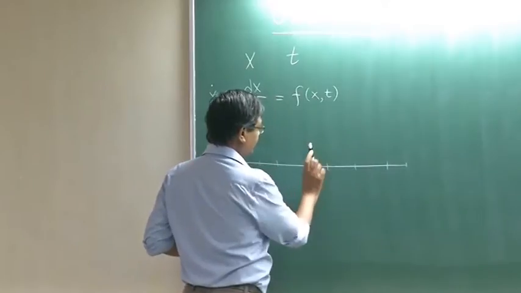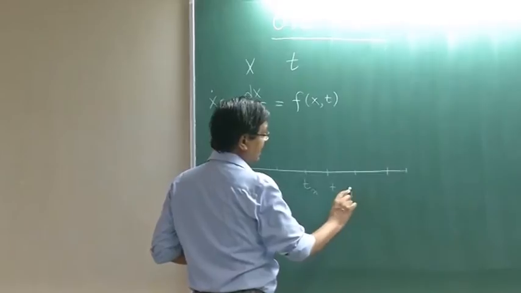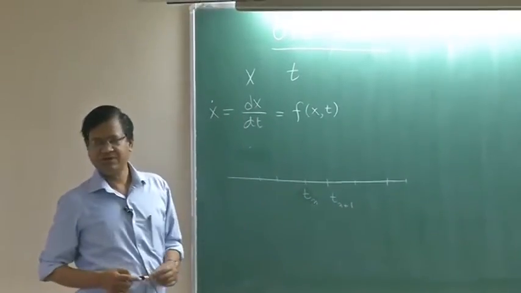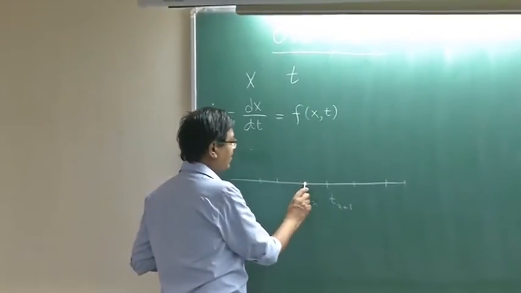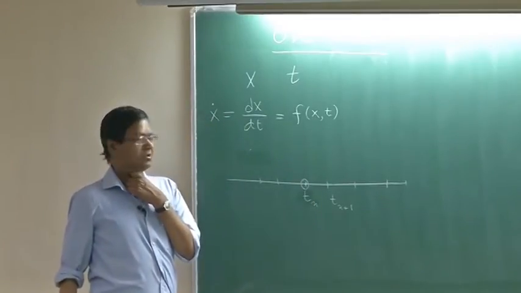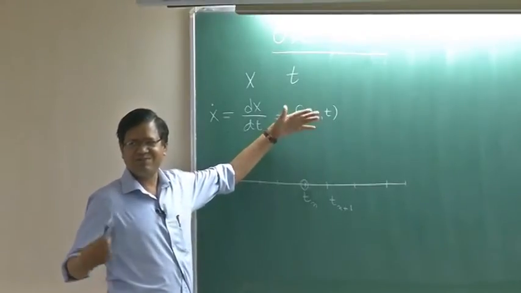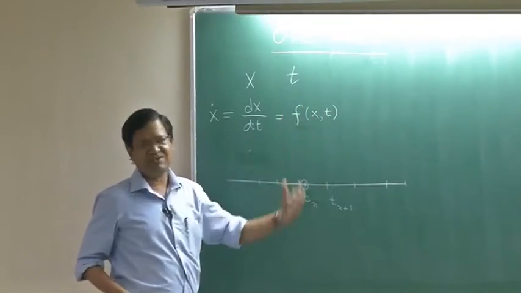I am here at tn and I want to go to tn plus 1. I want to find x at tn plus 1 given my position x at tn. What is given to me is the velocity, if you want to think of it in mechanics: you are given f, which is a function of x and t.